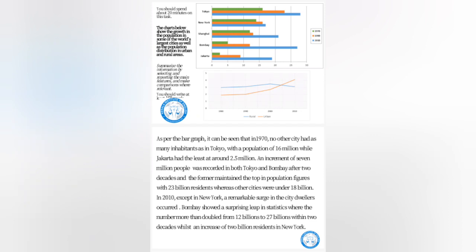You can see that in 2010, except in New York, a remarkable surge in the city dwellers occurred. Bombay showed a surprising leap in statistics where the number more than doubled from 12 million to 27 million. You do the correction part, as I have already recorded this and it's tough for me to change. And you can see the 2 million difference that happened in New York.